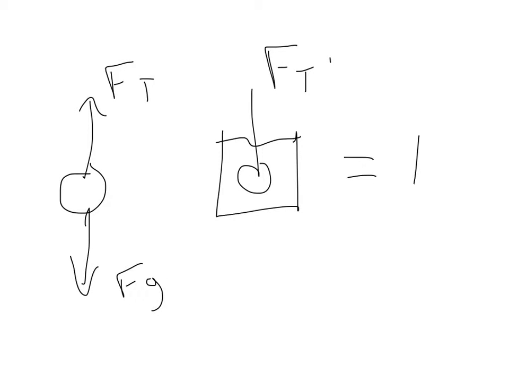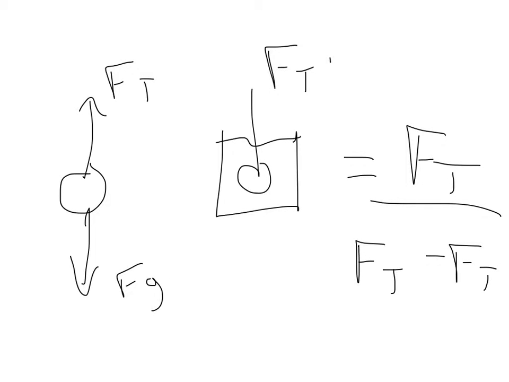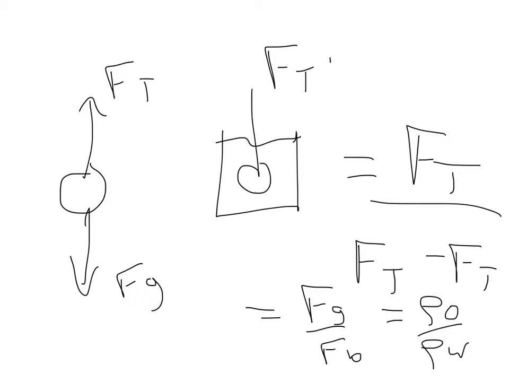Then take Ft, which is the weight, divide it by Ft minus Ft prime, and you will get Fg over Fb, which is equal to the density of the object divided by the density of water, which essentially is the density of the object. All you have to do is add units, and you got the density of the object. Okay, hopefully this will help you for Archimedes' principle.